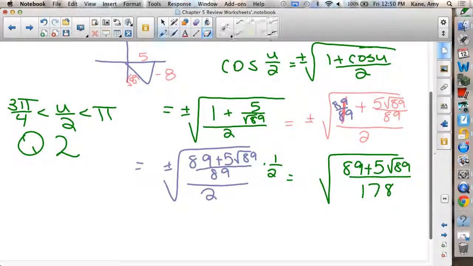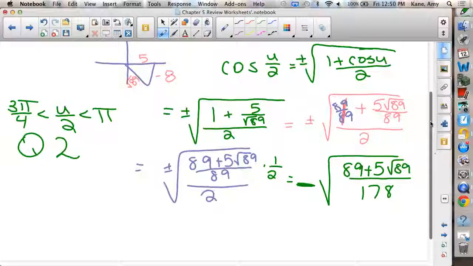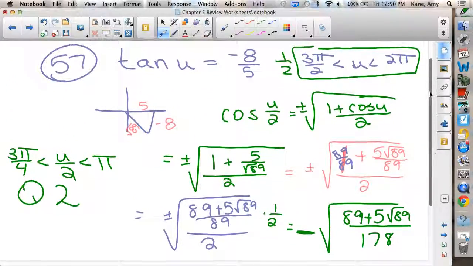So we want the negative of the radical because the half angle is in the second quadrant. So don't just automatically look at the current angle you're given. That restriction just applies to the formula as you're following through it. So the plus or minus on the outside goes with the location of the half angle.